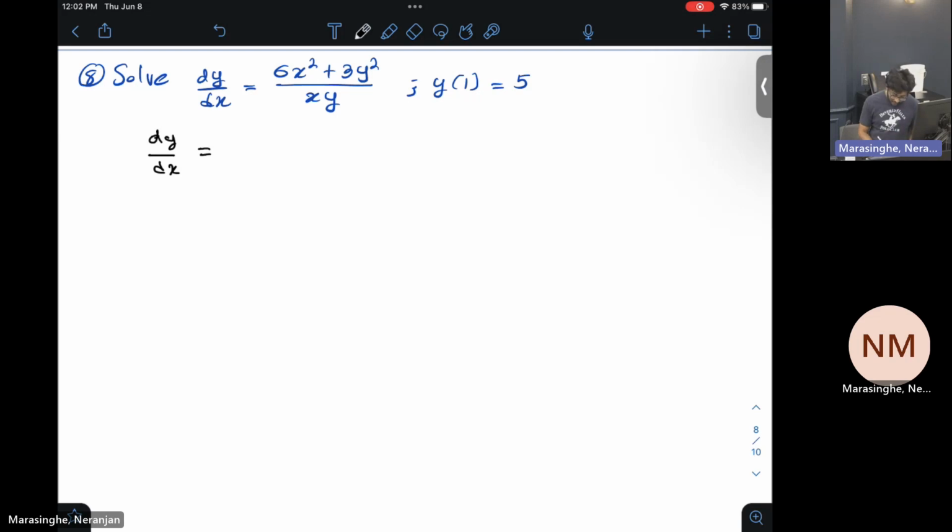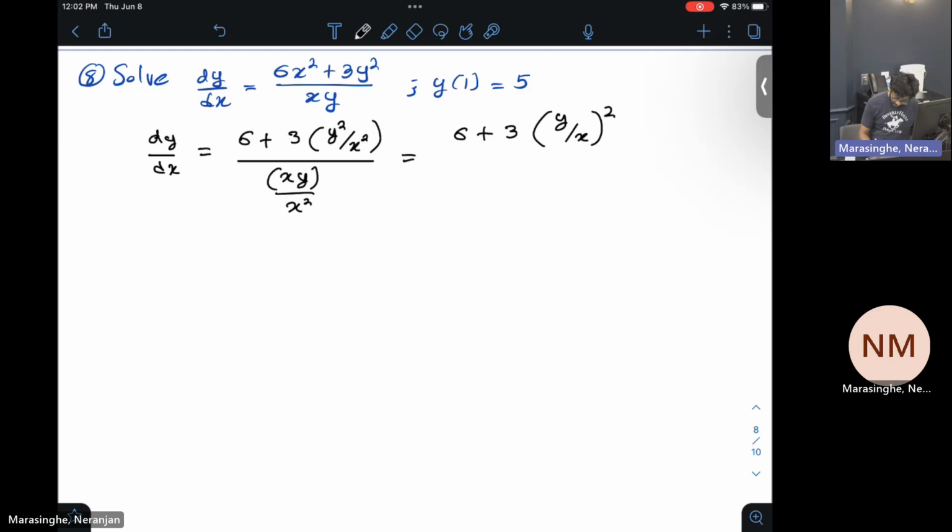If I divide numerator by x square, that would become 6 plus 3 times y square divided by x square, divided by, and I would divide xy by x square. Okay, so I would get 6 plus 3 times y divided by x square, divided by y over x. Okay, now you can see that this is a function of y over x.